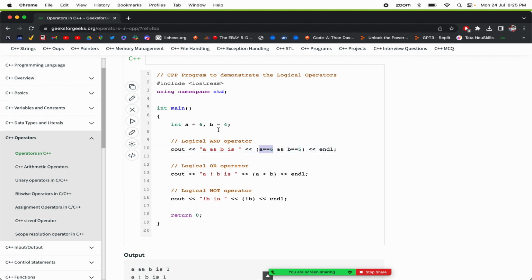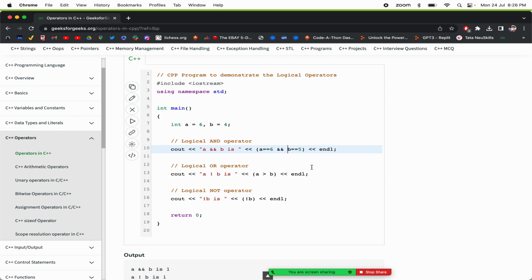So now a equals to 6, that is true, right? b equals to 5 is false. So true and false will give us false, because when both the values on the left hand side and the right hand side are true, then the whole thing will give us true.